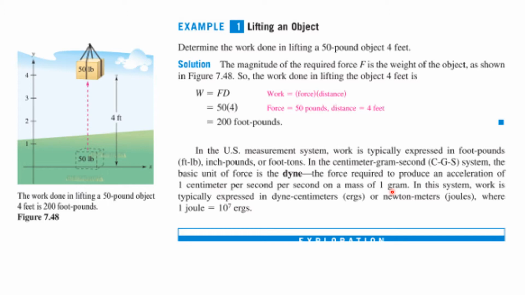MKS is the meter, kilogram, second system, and so there we use things like Newton meters, and a Newton meter is called a joule. So units are a big deal, and just kind of go with the flow on this, but in your engineering courses these will be very significant issues, and you should pay attention to units.